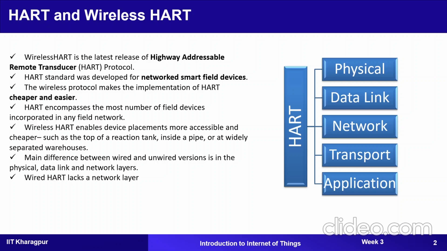The second layer of HART is the data link layer. The main functionality of the data link layer is to provide collision free and deterministic communication. This is achieved with the help of super frames and TDMA. Super frames consist of grouped 10 ms wide time slots.